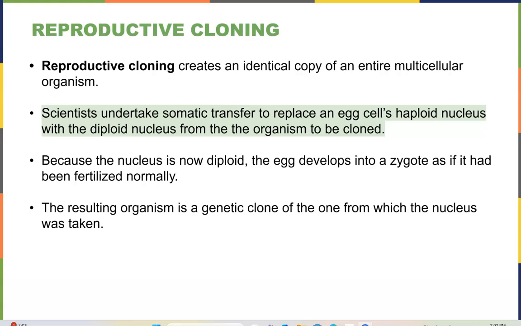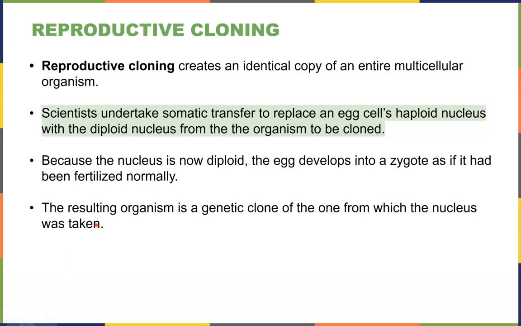So remember that egg cells are haploid, right? They're sex cells, and sex cells have half the amount of DNA in them, right? So when they meet up with another set of DNA, they become diploid, and then that tells the organism to start growing into a zygote.